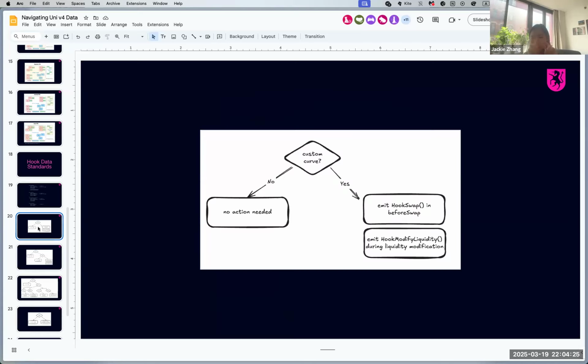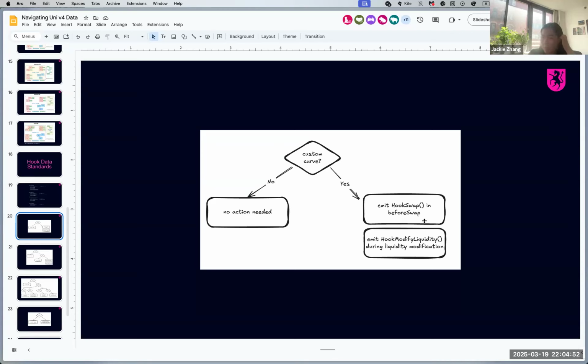So with these hook events proposed, we can go through a few flows of when these events can be emitted by the developers. If the hook is a custom curve hook, then it should emit the hook swap event in the beforeSwap function that it's implementing.